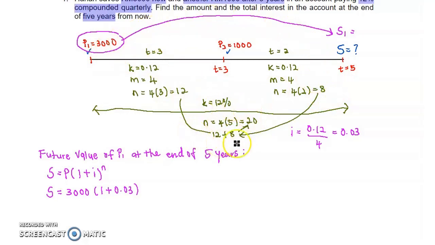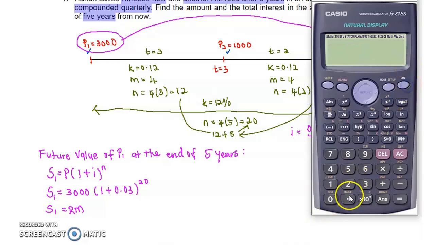So N equal to 20. So if we calculate this one, we will get 1.03 power of 20 times 3000, which is 5418.33.